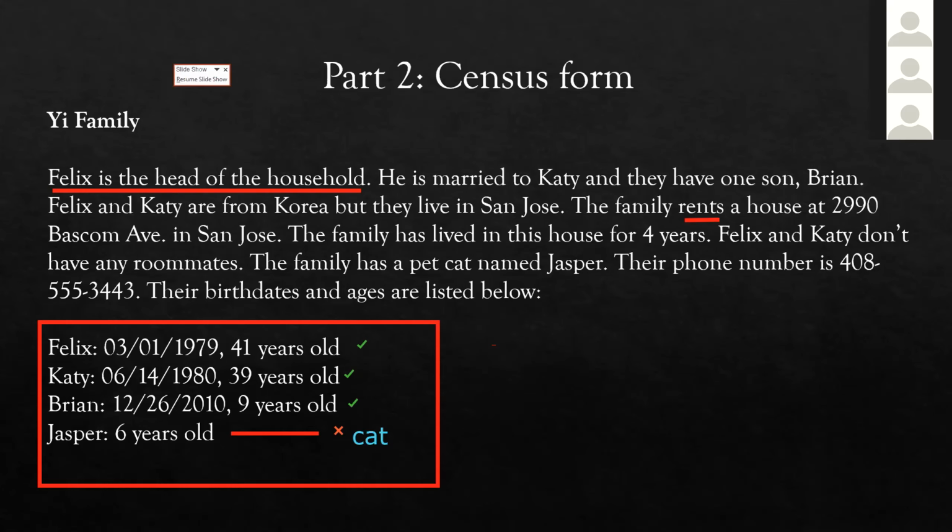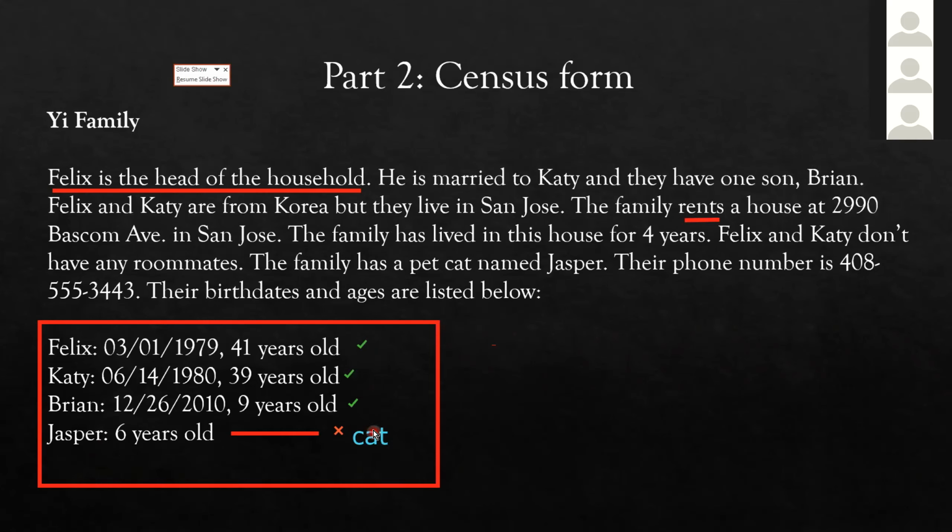How many people live in the house? Yeah, how many? Not 4 people. 3 people. Remember, Jasper is not a person. Jasper is a cat.